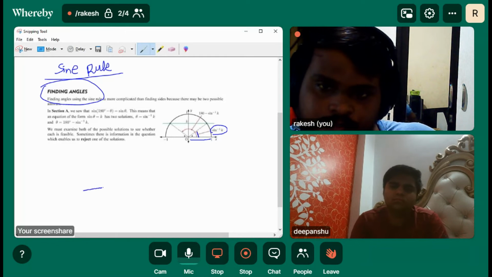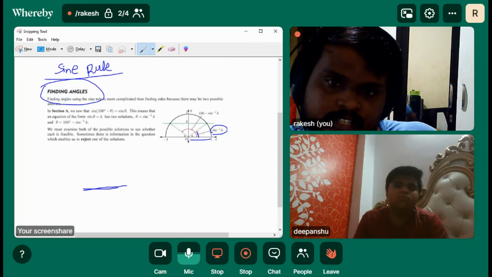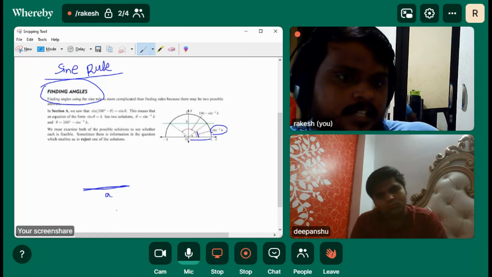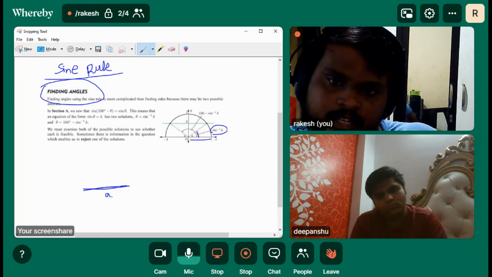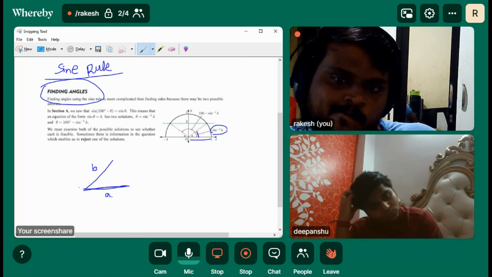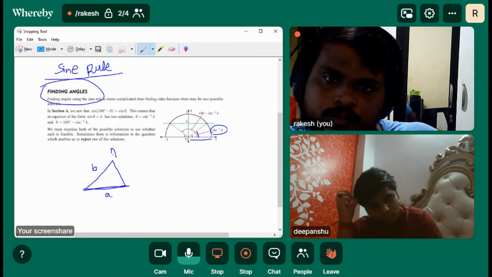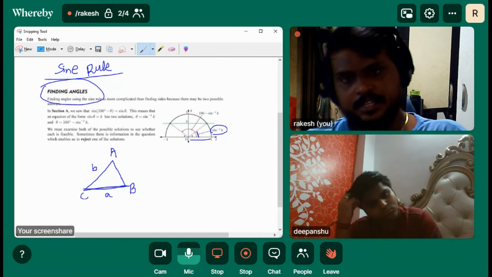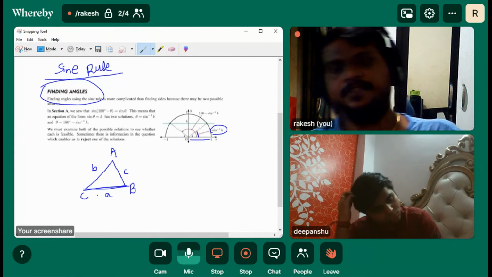Let's say this is side A of a triangle, and this is P. Just a second. A, B, C. This is the triangle, and these sides are given.